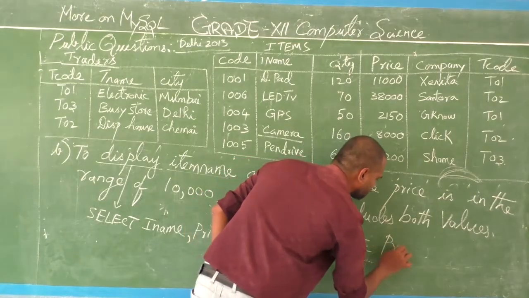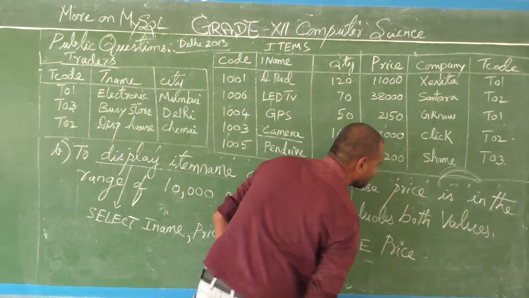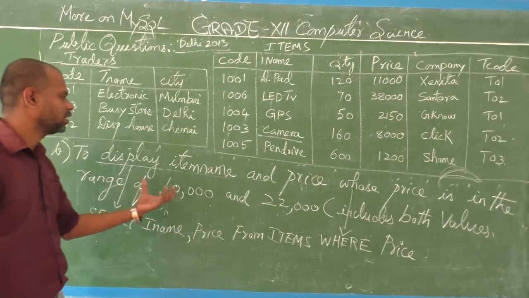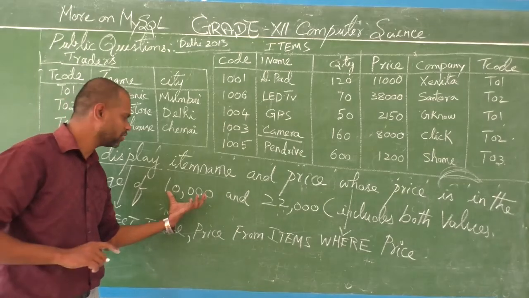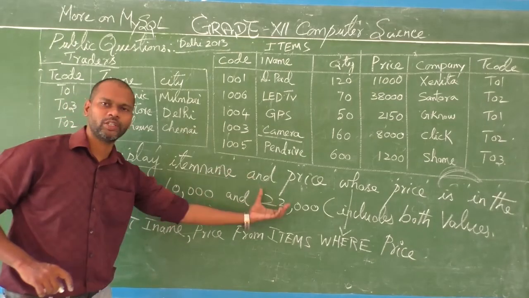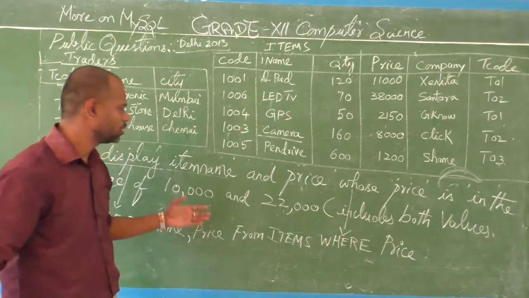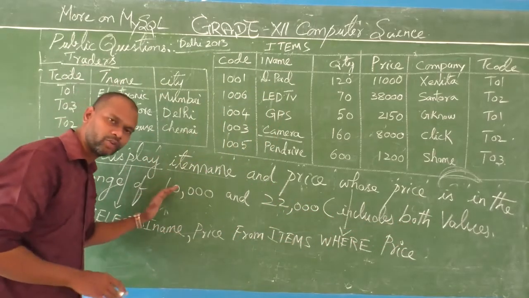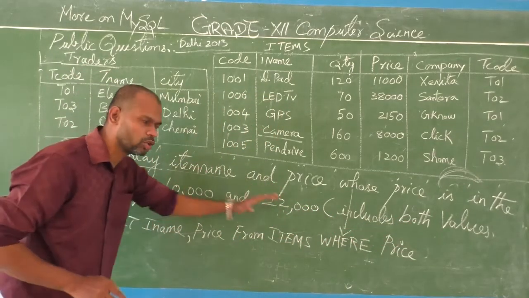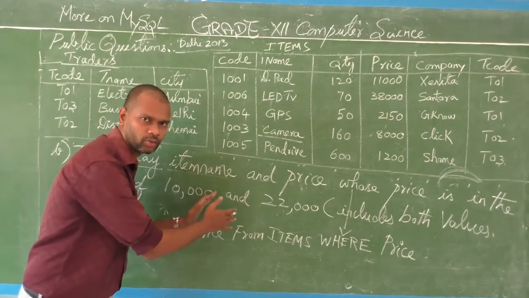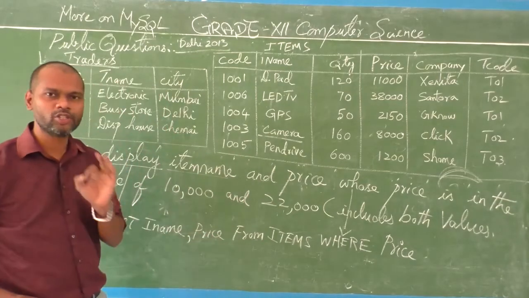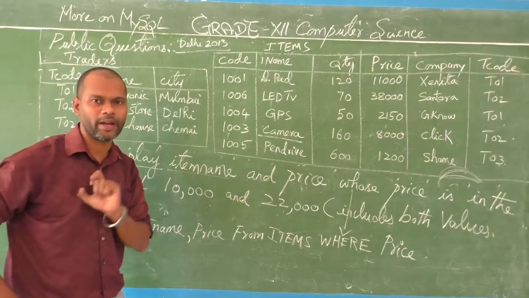So you can write price. Then you see the value should be in the range of 10,000 to 22,000, so it includes both the values. The price range should be 10,000, also 22,000, and the values in between also. That means you have to choose the between and operator.